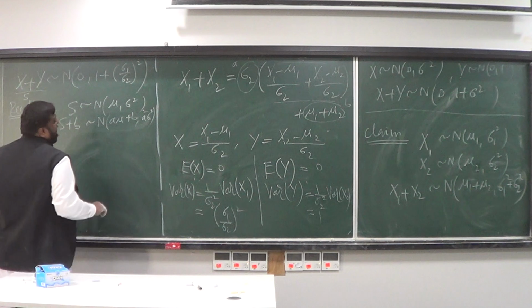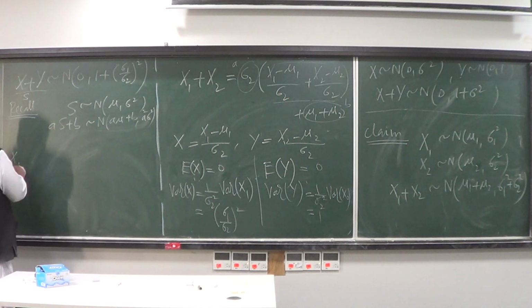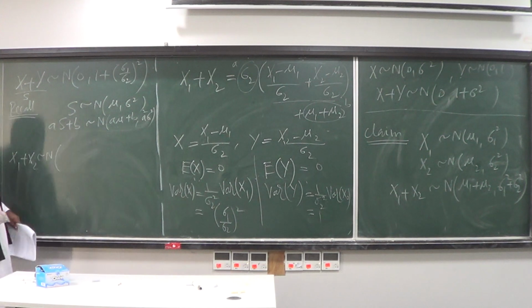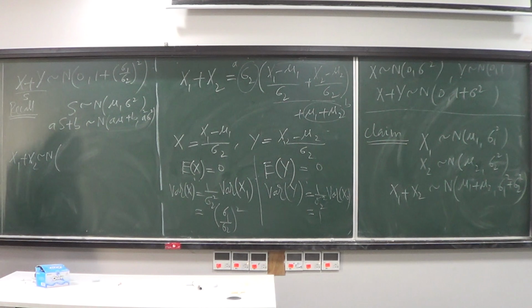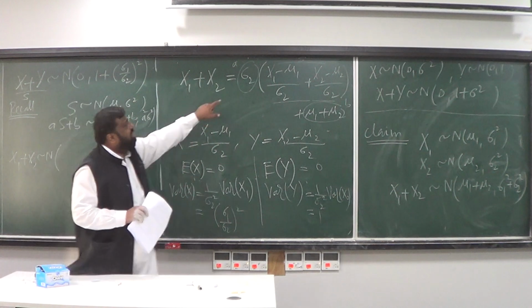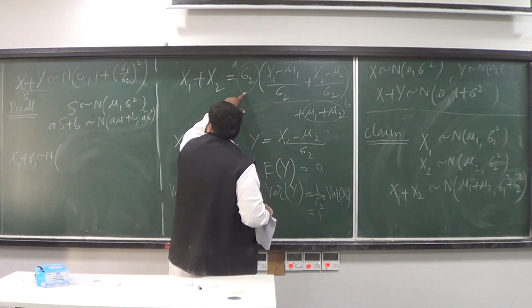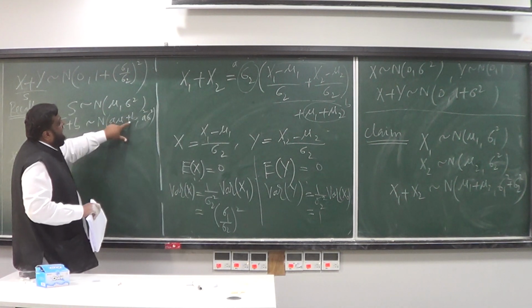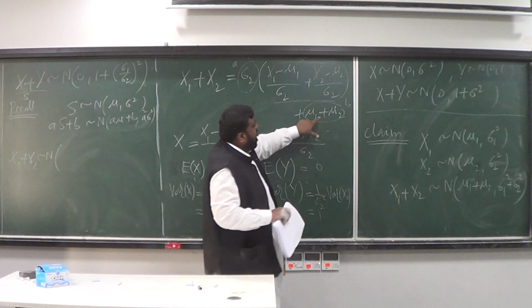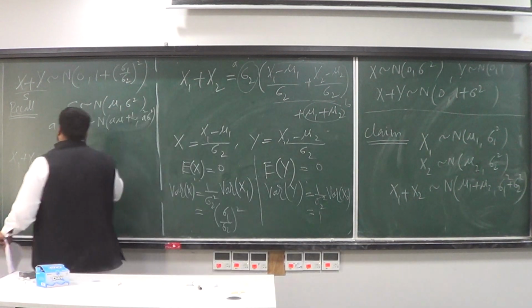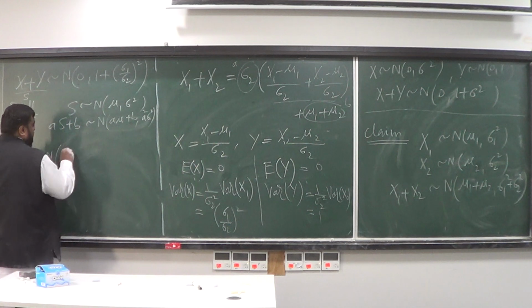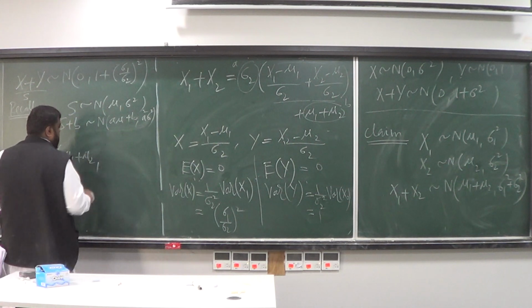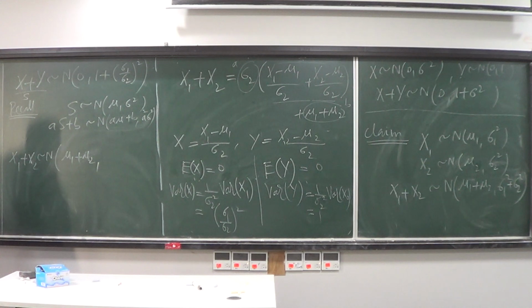What you're going to see is that eventually your x1 plus x2 would be normally distributed with the mean what? Your a is sigma 2, but your mean is 0, so a mu would be 0, and b is mu1 plus mu2. So you're going to have mu1 plus mu2.